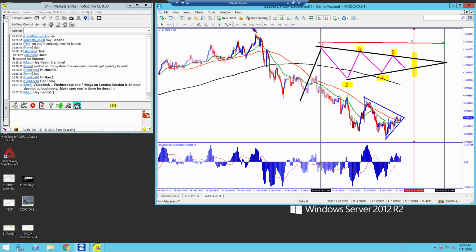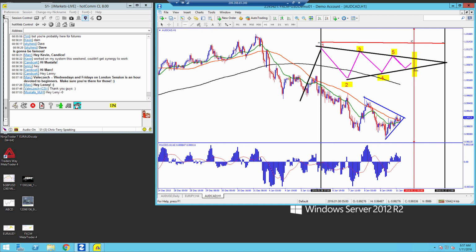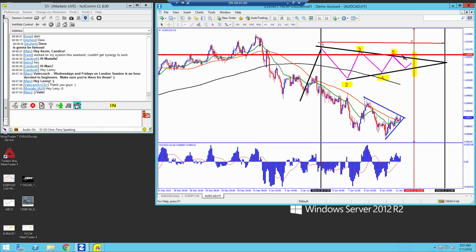So when you're looking at a symmetrical triangle, you're looking for a breakout point, and you're looking at these 2 points right there. So you have 1, 2, 3, 4, 5, and then it's going to chop, and then you're looking for a breakout.